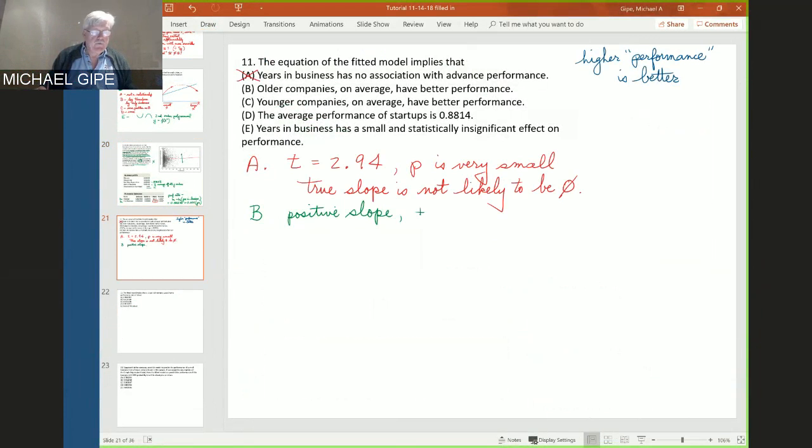It's plus 0.00204449. So more age implies higher performance. So that is the correct answer here.